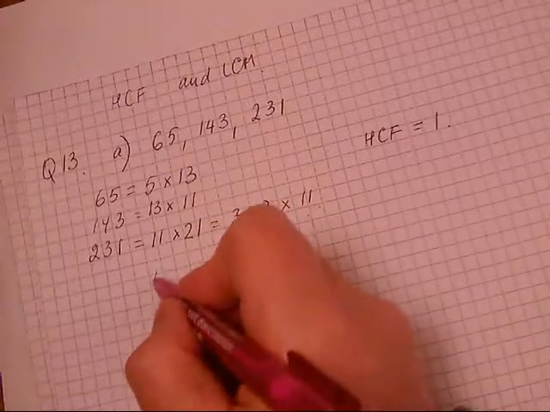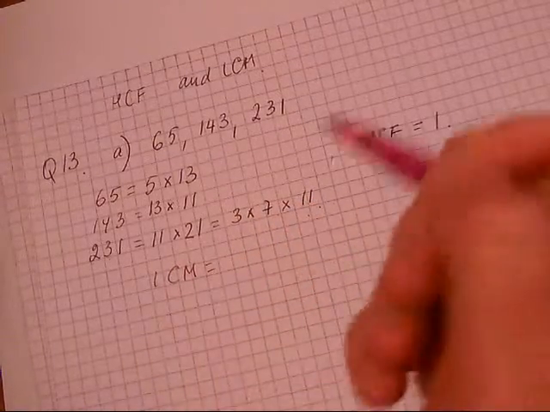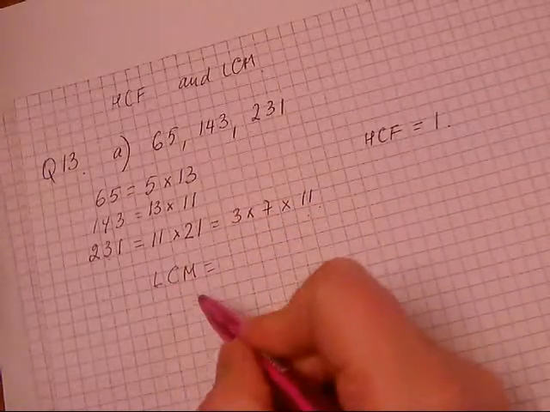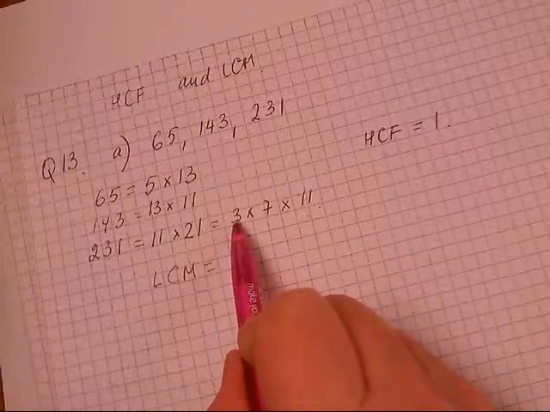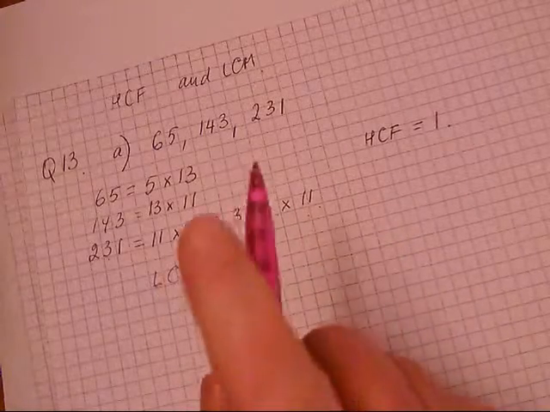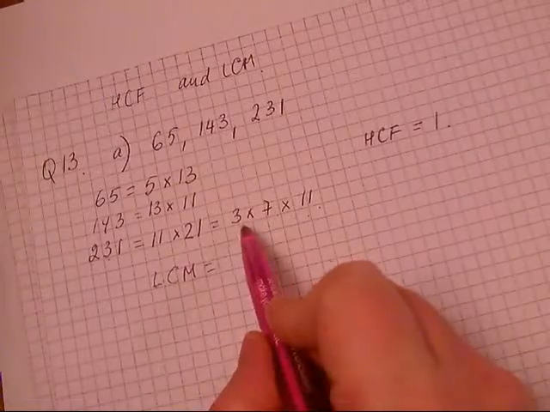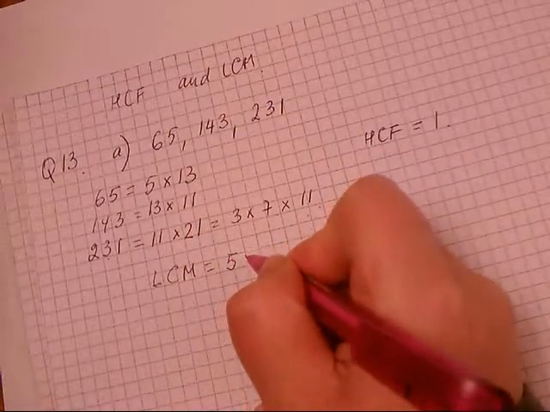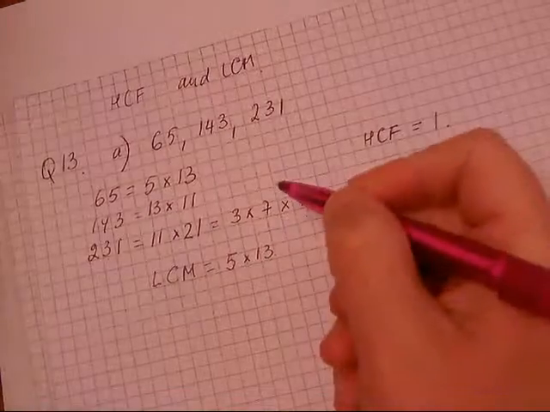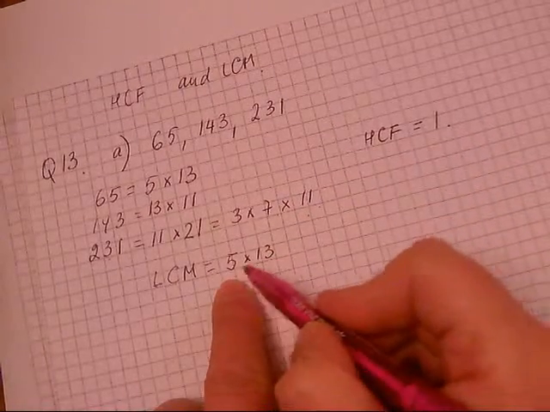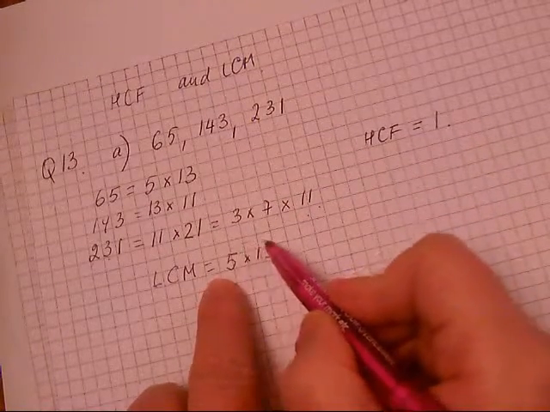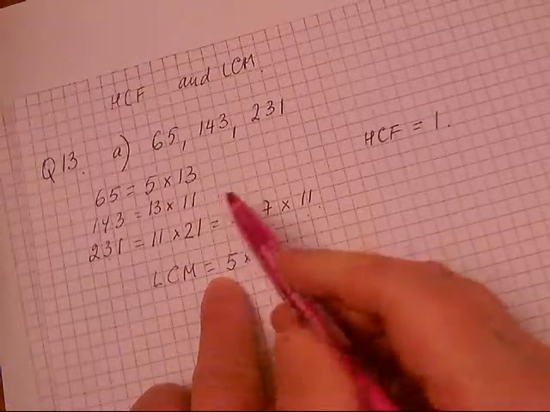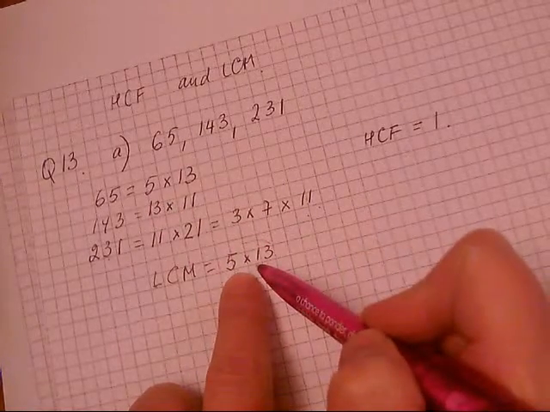To find LCM is much easier. For LCM, you need to have factors of each of them once. So for example, if I start from 65, I have 5 times 13, so I never should repeat these factors again because they already are in here. So 5 times 13 for the first one.